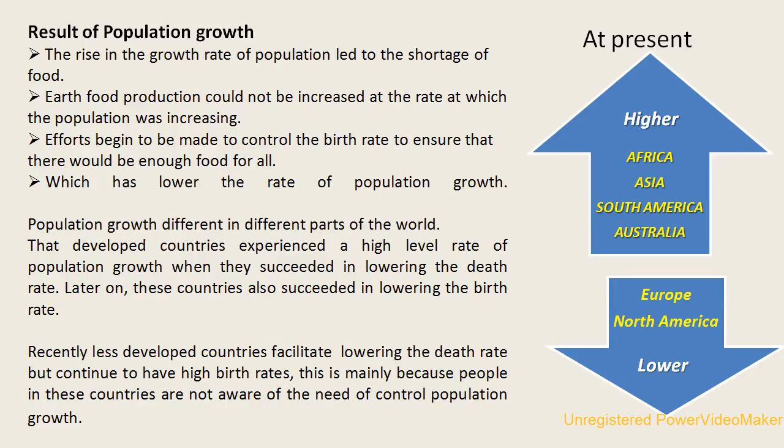That means population is increasing day by day, but food production has not increased to meet the needs of the increased population. So we made some effort. We are not able to control certain things, but we can control certain things with the help of what we are able to control.